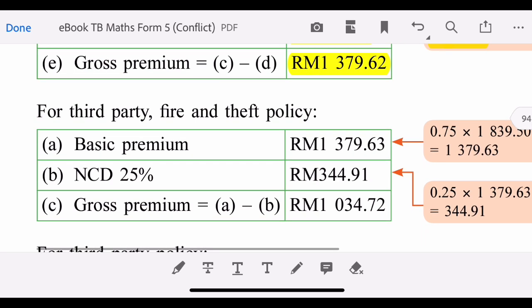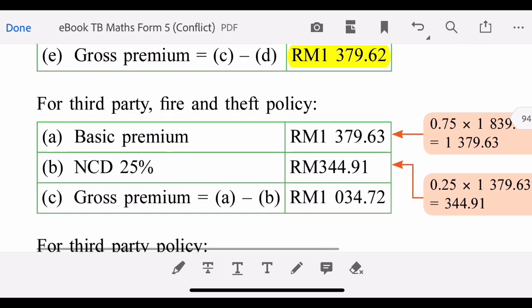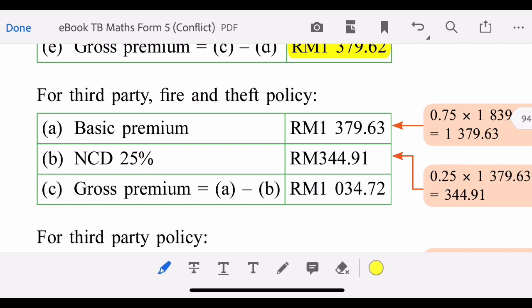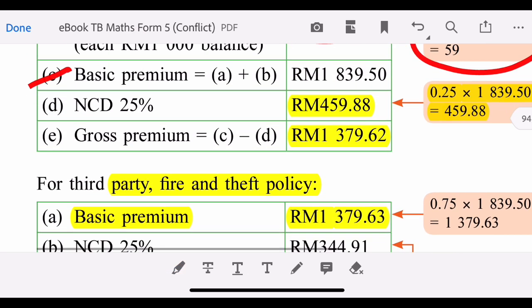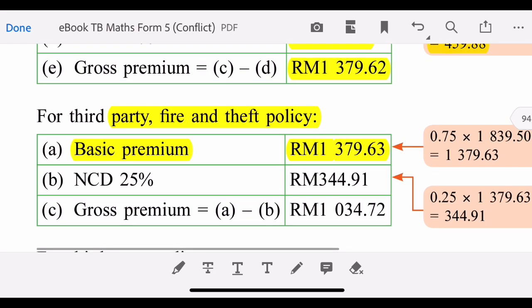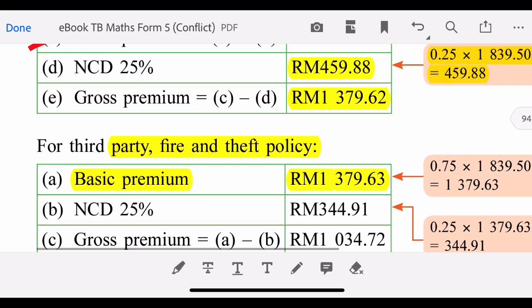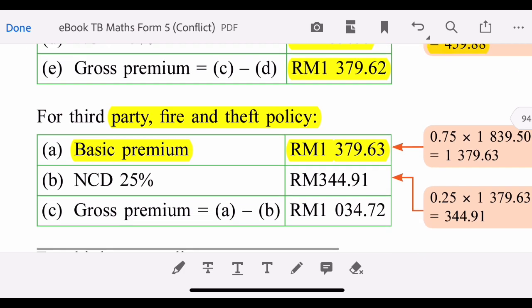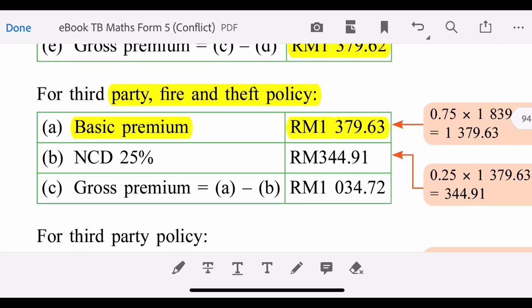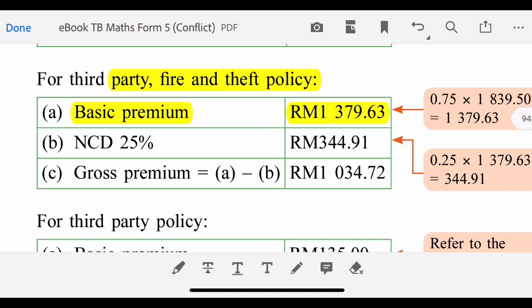So if you are careful enough, you can save about 459.88. And how about for third party, fire and theft policy? The basic premium is 1379.63, right? Because there is no accident, you minus the 459.88 and you get 1379.63.